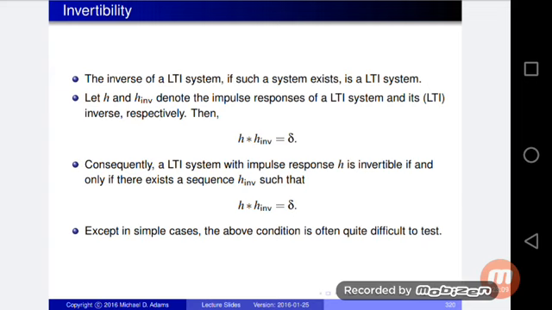Let h and h inverse denote the impulse response of an LTI system and its inverse system respectively.